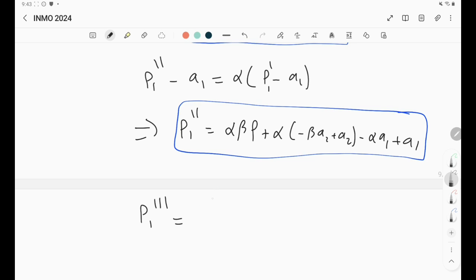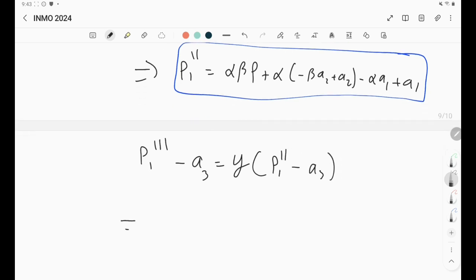So let's just represent this. Okay, we're going to do the same thing. This thing minus, but this time gamma is equal to, here A3, and here gamma, and here P1 prime prime minus A3. So that means P1 is going to be gamma times this. So I'm going to multiply this by gamma.